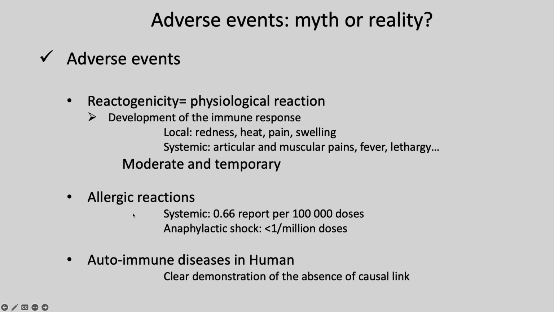And among the allergic reactions, the most serious one is, of course, the anaphylactic shock. Once again, in humans, we know that we have less than 1 per 1 million doses injected. So it can happen, but it's very, very rare.